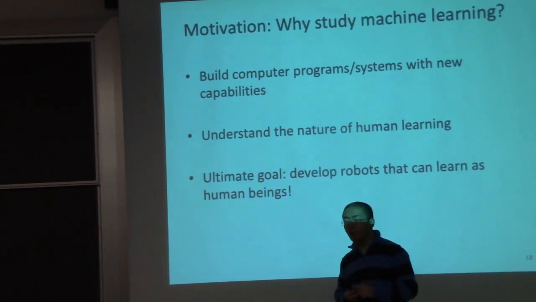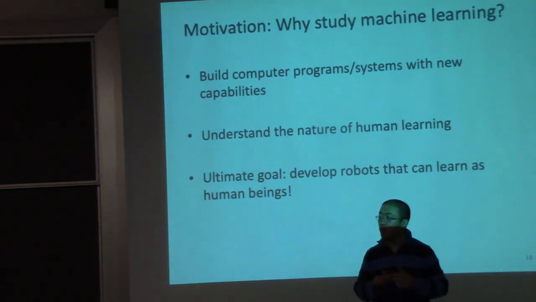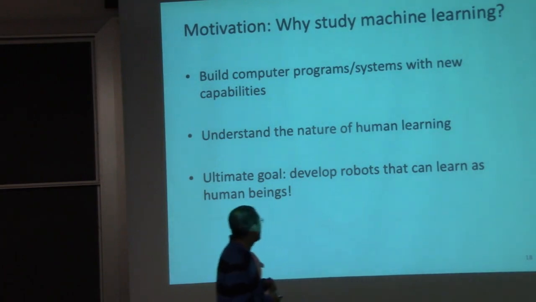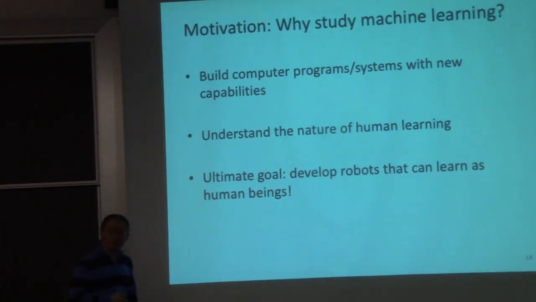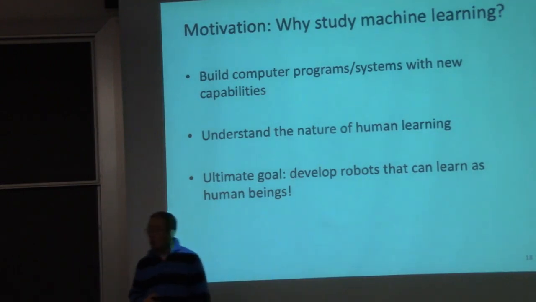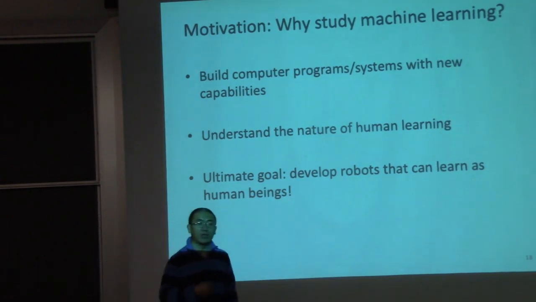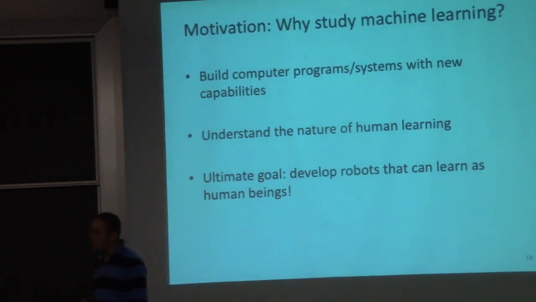So you can see there is a huge gap between the two types of learning procedures, but we don't know what causes the gap either. And one of the ultimate goals in artificial intelligence is to develop robots that can learn like human beings, but that is still quite far, even in the most optimistic view.